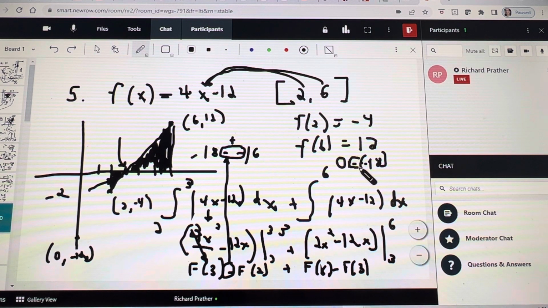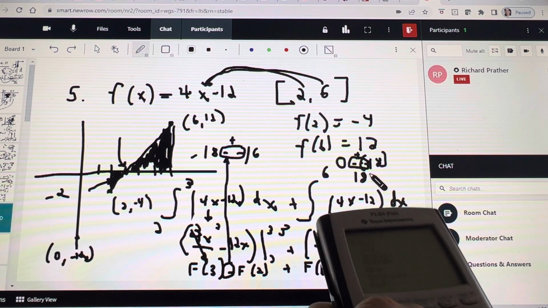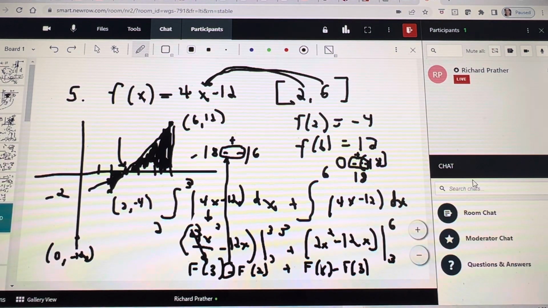That's a double negative also. 0 plus 18 is 18. So that makes sense that the bottom triangle came out negatively, the top triangle came out positively. Also, the top triangle, just as in its size, is much bigger than this tiny little one. So that kind of makes sense that it's 18 versus 2.